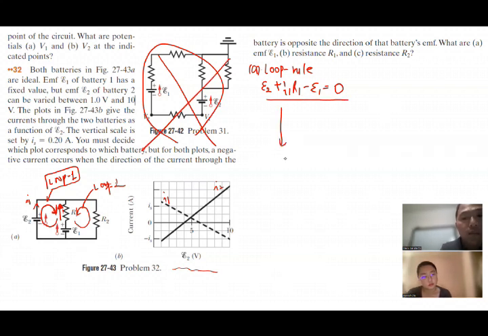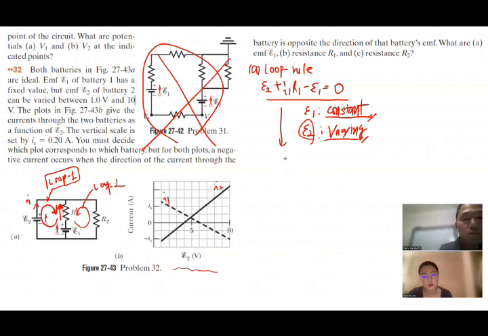Now, as I said, E1 is a constant potential, but E2 is varying over time, depending on the current flow.